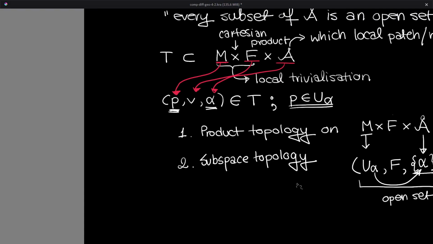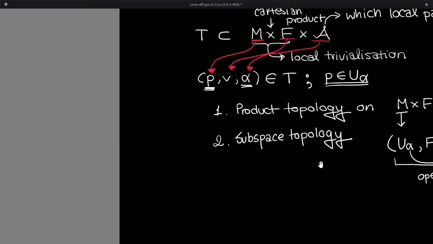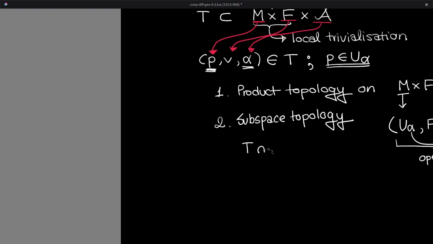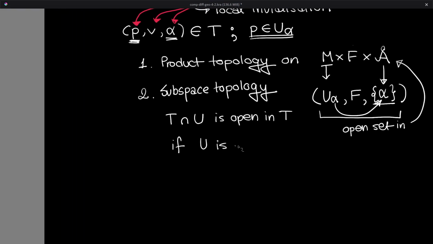The way we construct a subspace topology is exactly what it sounds like. If T is a subset of the original topological space, then we can define the open sets in a consistent way on a subset by saying that T intersection U is open in T if U is open in what we call the ambient topology, or you could call it the parent topology.